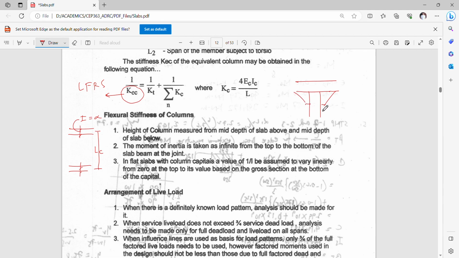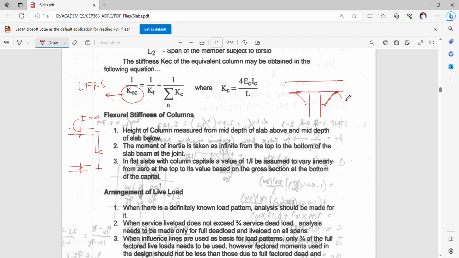The column capital rather is this one. Of course, at this point your moment of inertia is still infinite because the range of infinity is still within the boundary of the slab.